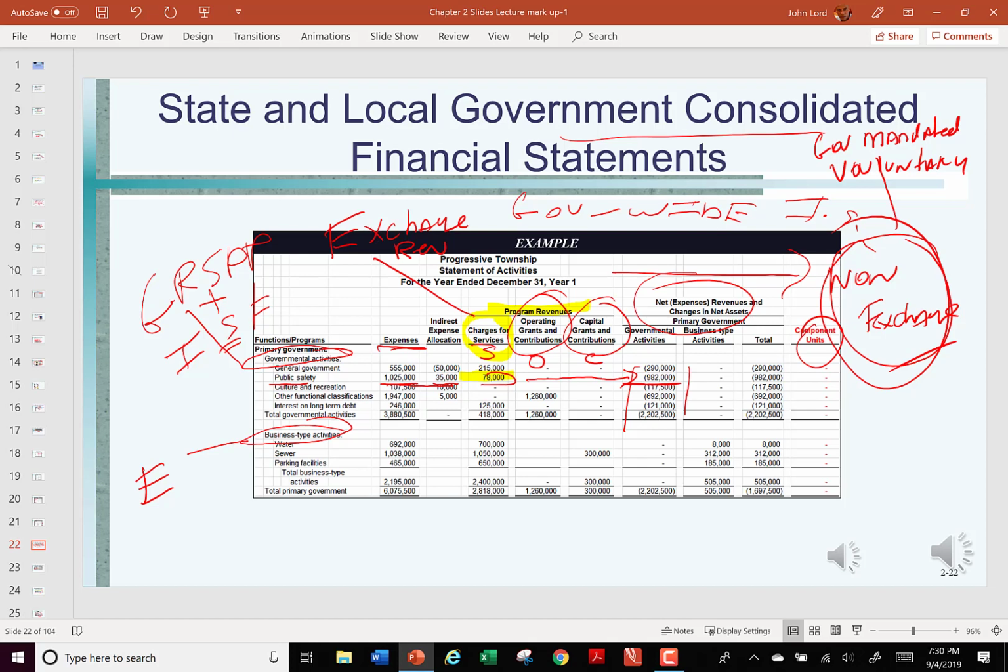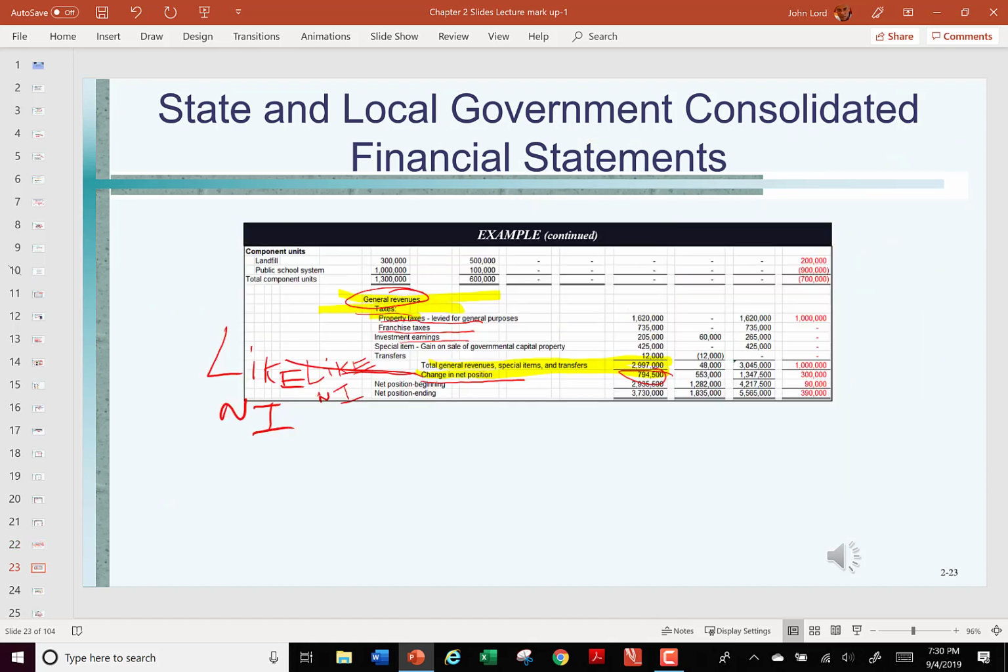Okay. Now what happens? Look at all these loser programs. Every single program lost money, didn't it? So what do governments do to cover the cost of the services they provide? They tax, don't they? And so on the bottom part of this statement, you have your general revenues, which are essentially your taxes.